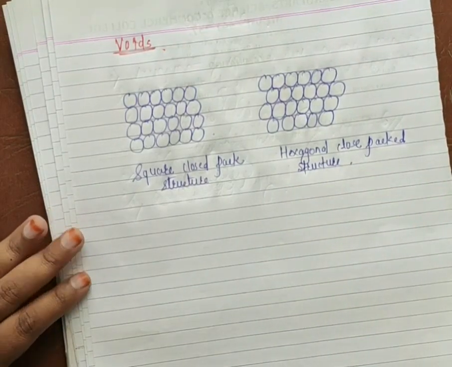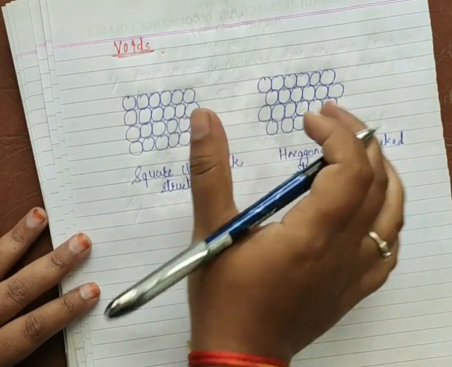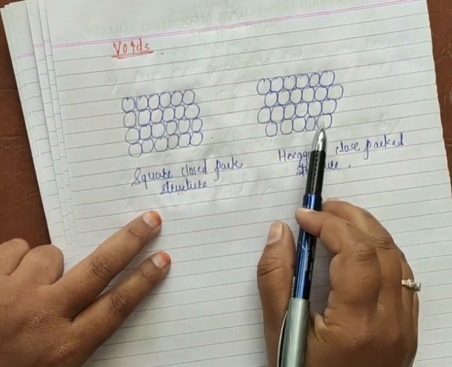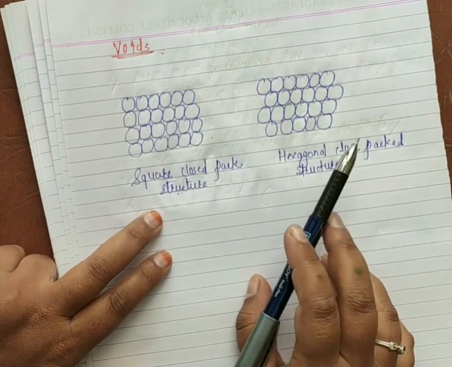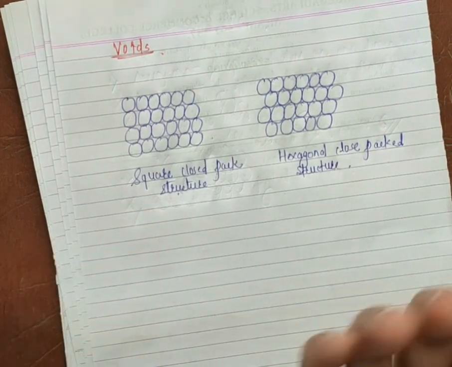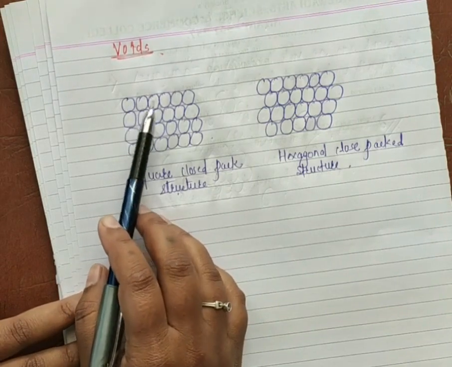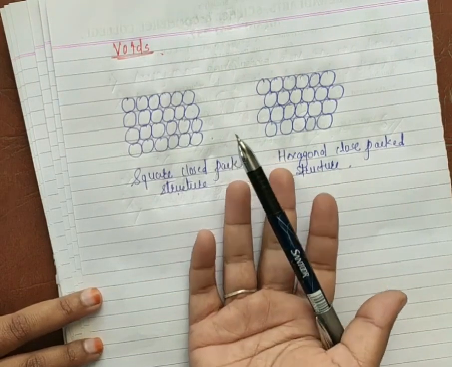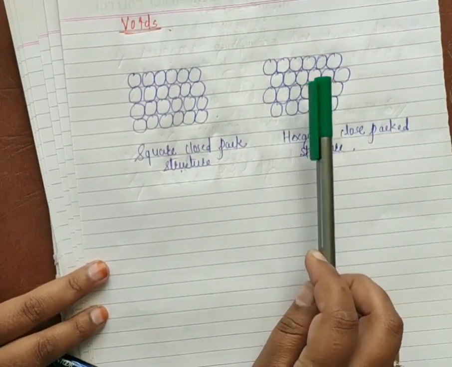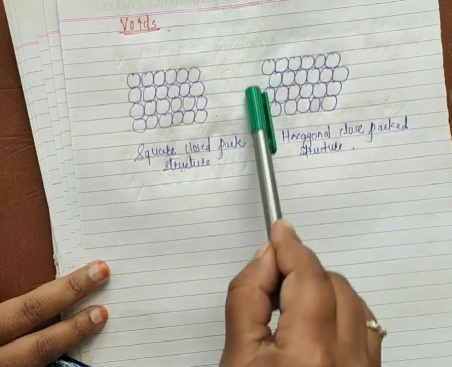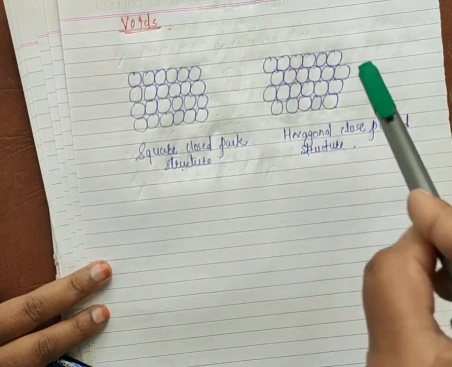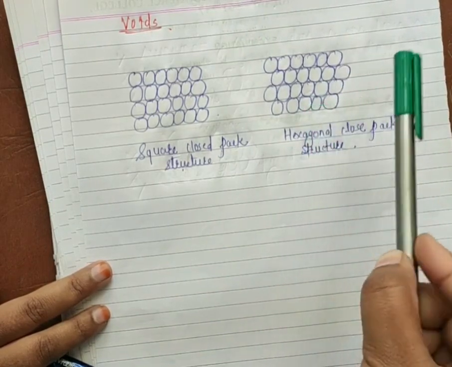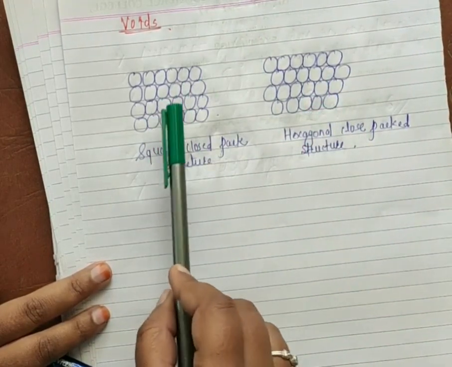Okay, now if you notice, both arrangements, first the square closed packed structure and the second the hexagonal closed packed structure, there in between the spherical atoms, there is the presence of empty space. So in the case of hexagonal closed packed structure, we notice that it has fewer voids, less empty space as compared to the square closed packing.